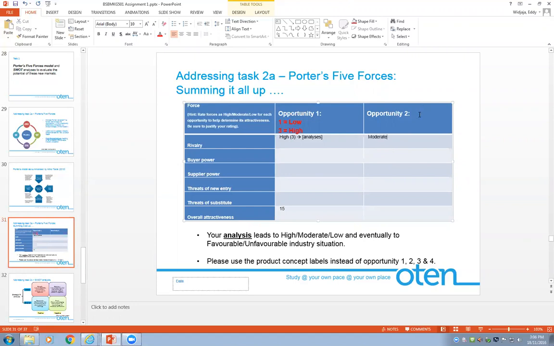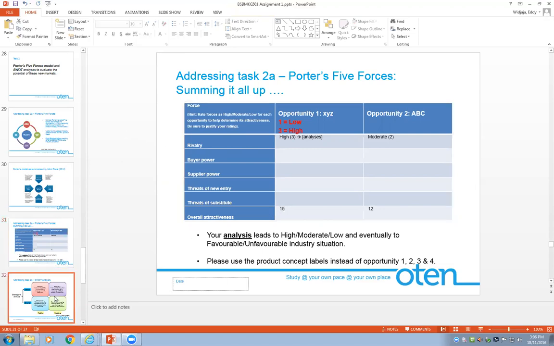By the way, please change the opportunity name into your own product name or market ID. Let's say move to ABC suburb, and this one is basically expanding to XYZ suburb. Moderate in here, so that means 2. We add them all again, let's say that comes up to 12. Now that tells us that the first option is more attractive for us from the 4 or 5 forces analysis.